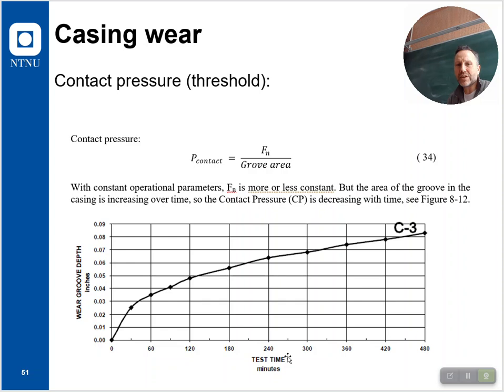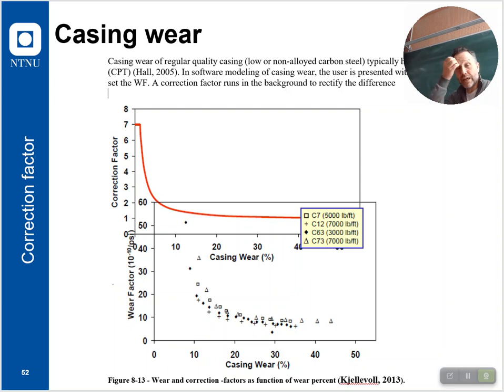This is just a test time and the wear groove depth in a well, and we see that it slowly goes off. And here is the correction factor that we apply to accommodate this change in pressure. The fundament for this is that the wear factor is one number.